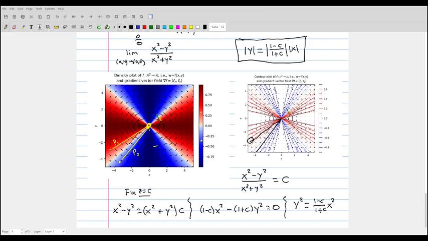Say for the value c equals 0.9, the level curve that you get is exactly this curve right here, this curve right here, this curve right here, and this curve right here. This is exactly this expression for the value c equals 0.9. It's the level curves for this function for c equals 0.9.